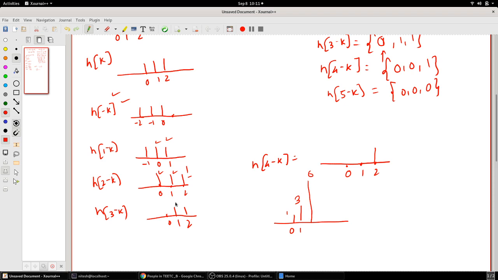H of 3 minus k into x of k, only the last two, 2 and 3, overlap, so this is 5. Then the last part, only this one overlaps, it's 3. Okay, clear? So this is the output that you will get for that sequence.